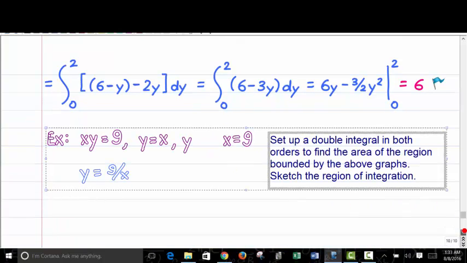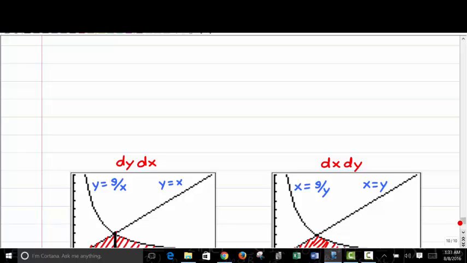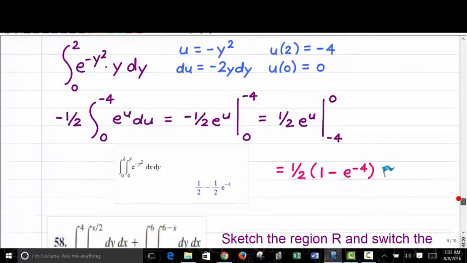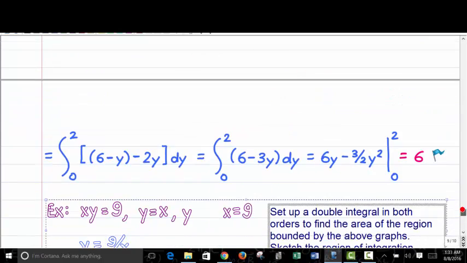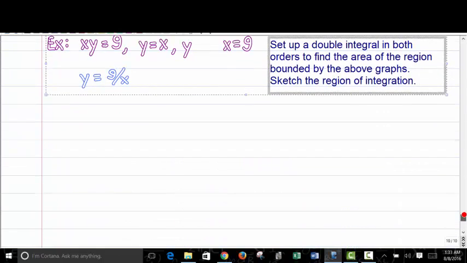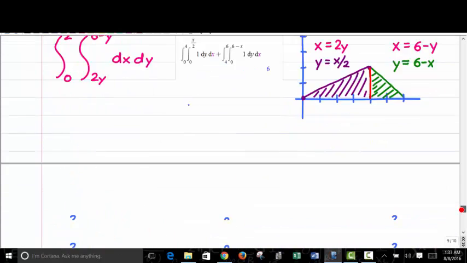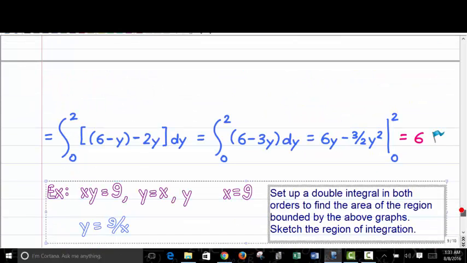Something didn't come along for the ride here. What in the world? It should be y equals... okay, I don't know what happened here.